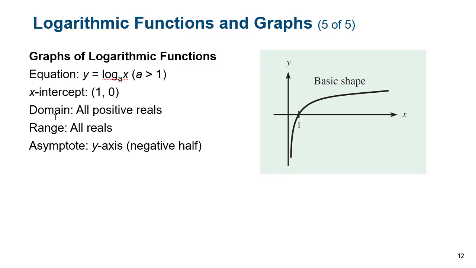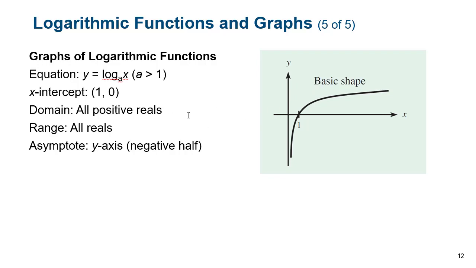You can see that the domain, the left and right, is just all positive reals, because you can't plug a negative number into it. It comes and hugs the y-axis, just like the exponential function comes down and hugs the x-axis, so its range is all positive numbers. The range of this is all numbers, right, because it goes all the way down to negative infinity, all the way up to positive infinity, just like the domain of an exponential is all reals.